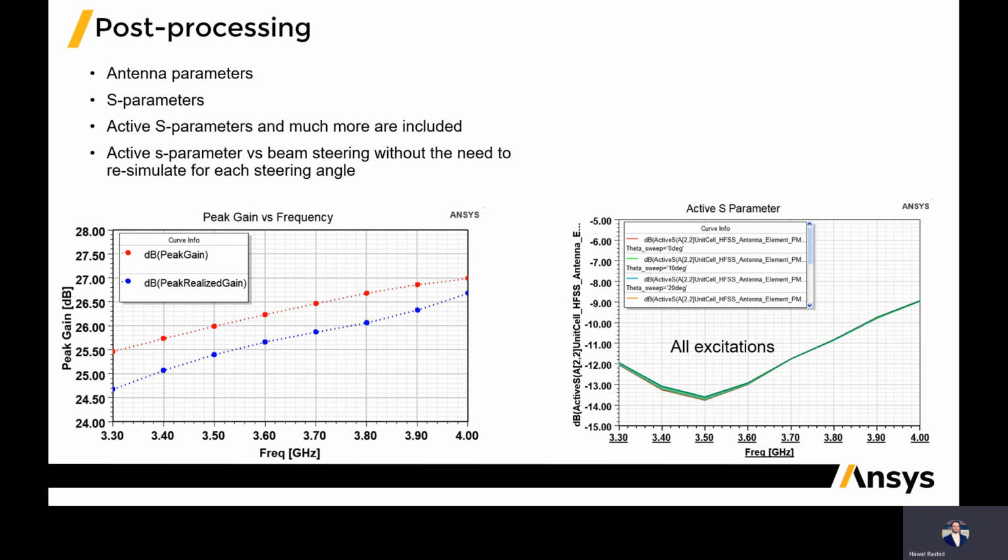The red corresponds to the IEEE peak gain, and the blue is the realized peak gain. The second plot here we are seeing is the active S parameters for different beam steering angles. And again, this is only one simulation carried out. The rest is post-processing.